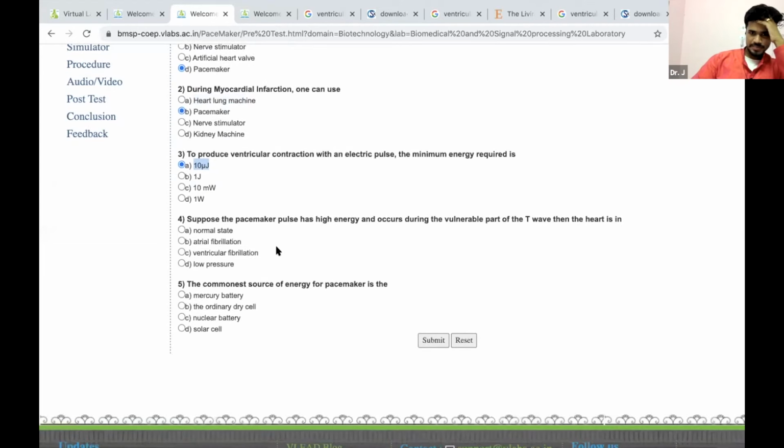Suppose the pacemaker pulse is high energy and occurs during the vulnerable part of the T wave. Yeah, we spoke about this in class. Ventricular fibrillation. So notice during the T wave we have what is known as a vulnerable part. In fact, let me go back here.